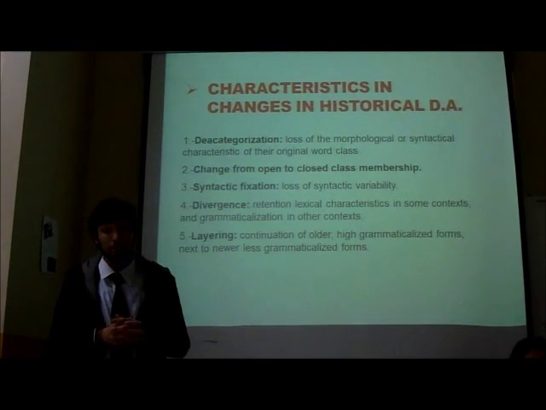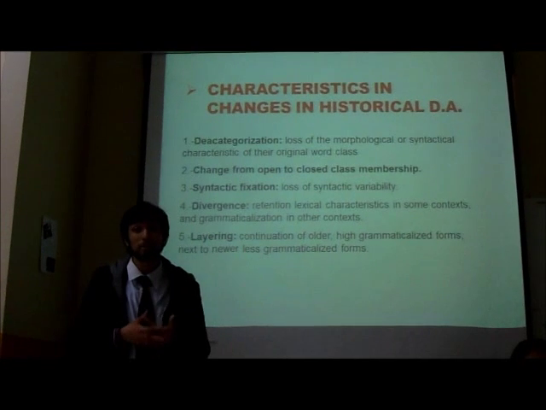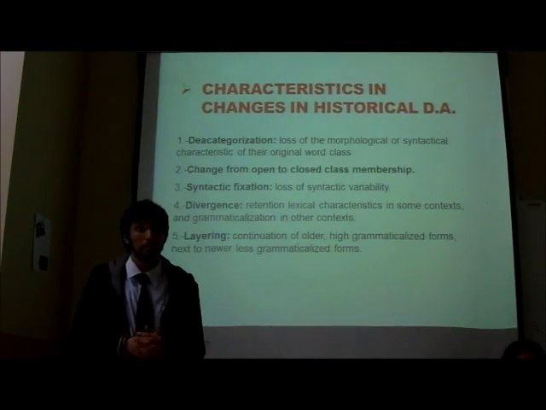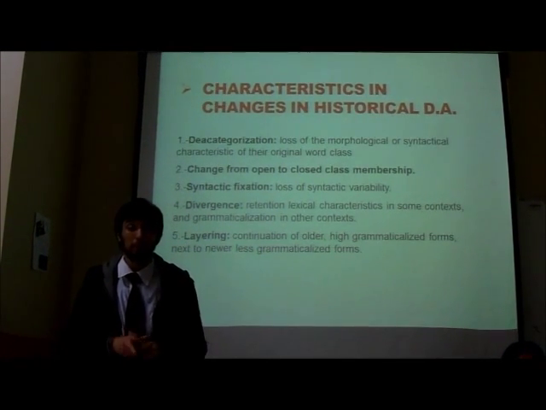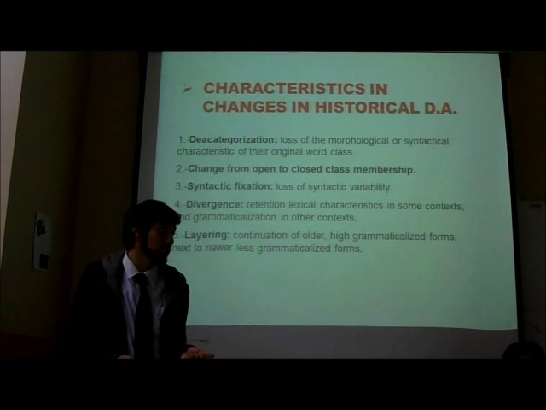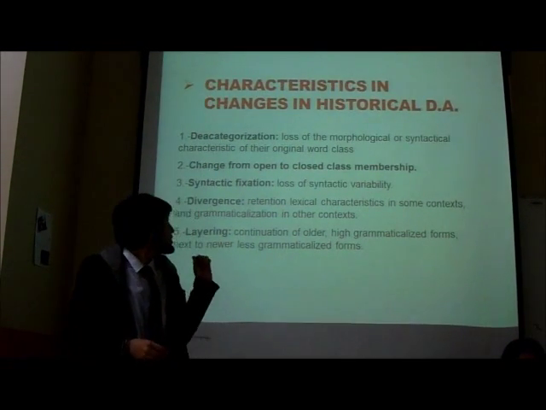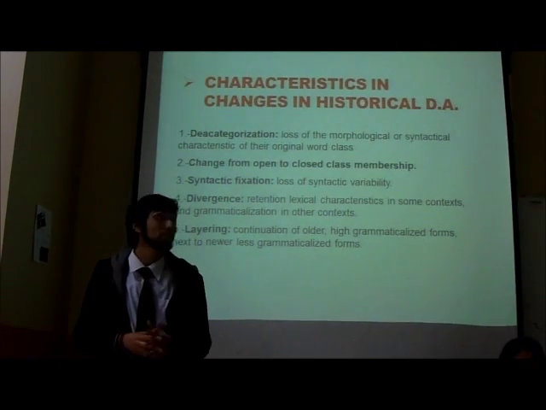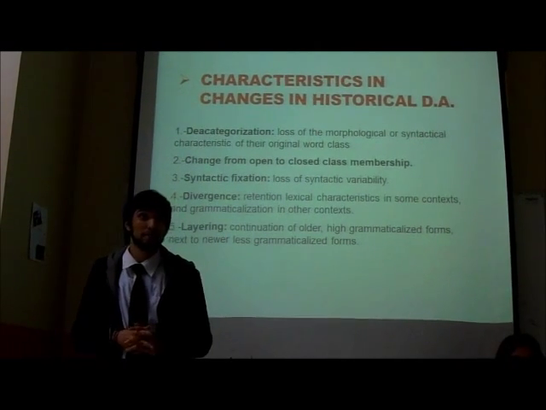In general terms, research has found that in their development, discourse markers undergo many morphosyntactical and semantic changes within the process of grammaticalization. Here are 5 of these changes. The first one is decategorization, which is the loss of morphological or syntactical characteristics of the original word class.